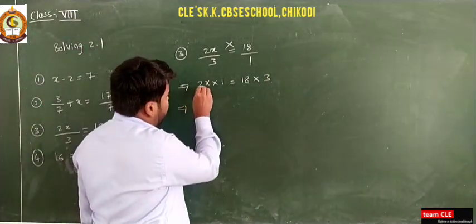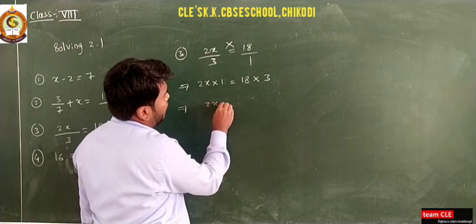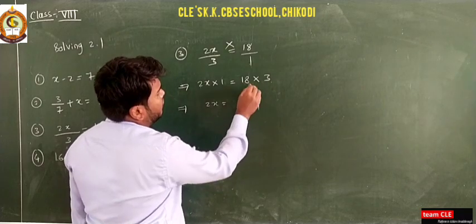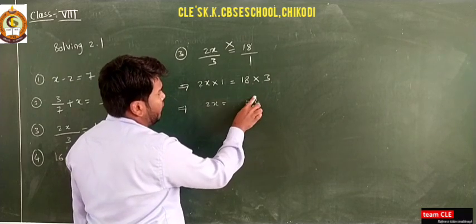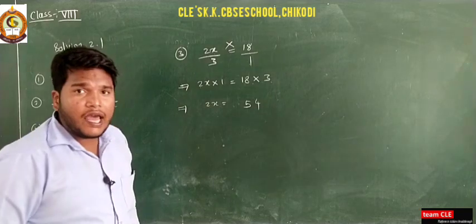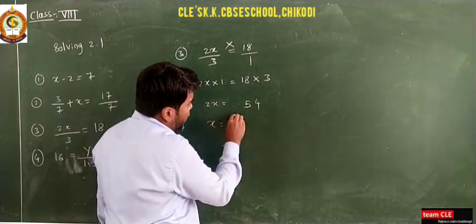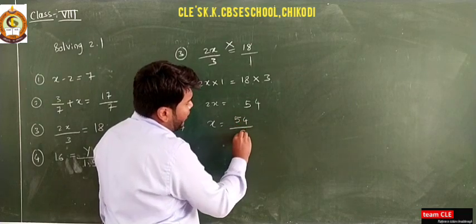So 2x into 1 is equal to 2x. Next, 18 threes are, so 8 threes are 24, 3 ones are 3, 3 plus 2 is 5, so 18 threes are 54. So now x is equal to 54 divided by 2.